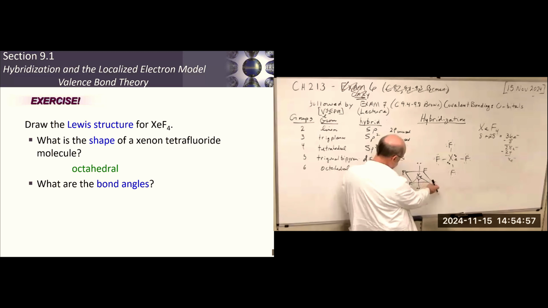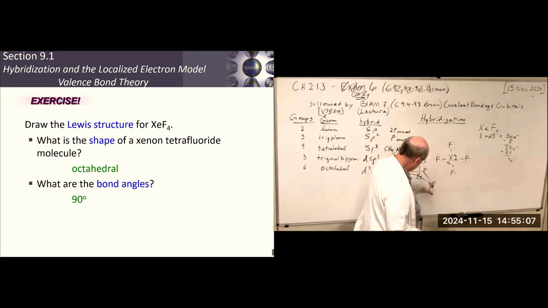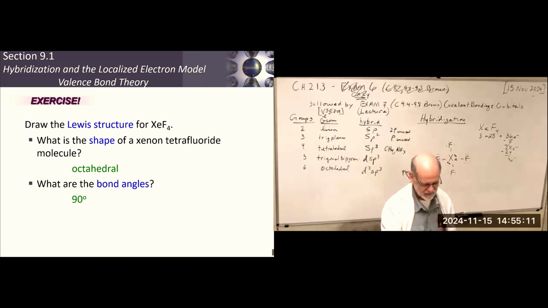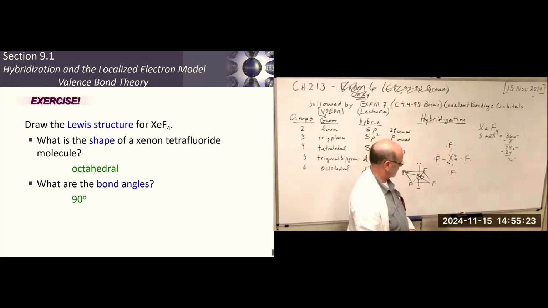Well, let's see. If we use this one and this one, that would be 180. Did I put it in there? No, I didn't. I should have put a 180, because if you go across the square like this, that's 180. But I guess bond angles are adjacent atoms. So if we say these two are adjacent to each other, we can only have a 90-degree angle.